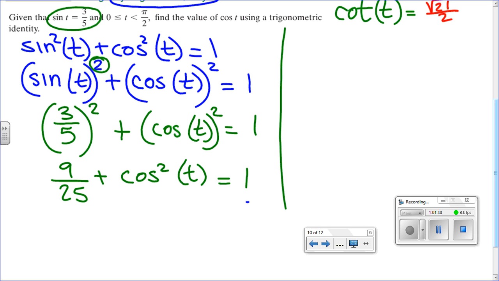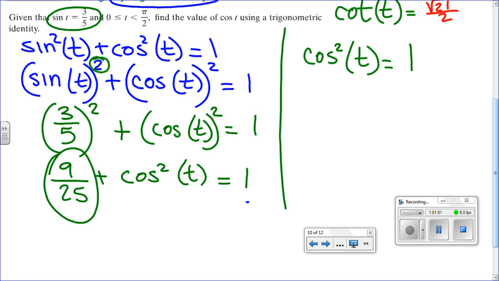Now, if I solve that, I'm going to have cosine square of t is equal to 1, and then I'm going to take this fraction, which is positive, across, and it will turn into negative 9 over 25. So 1 in terms of 25ths is 25 over 25, right? Is that correct?